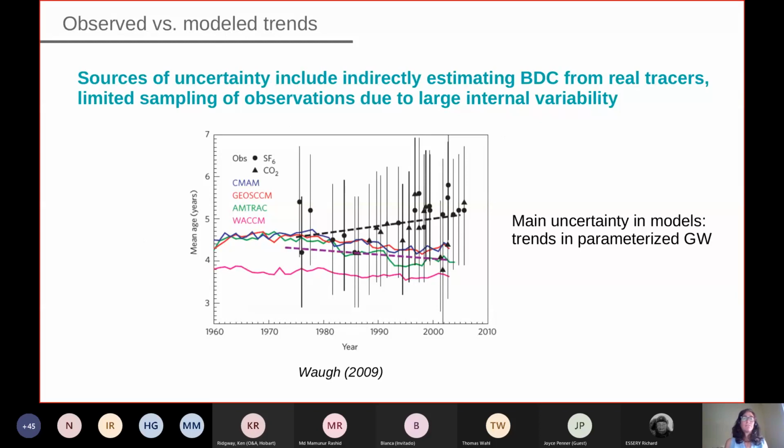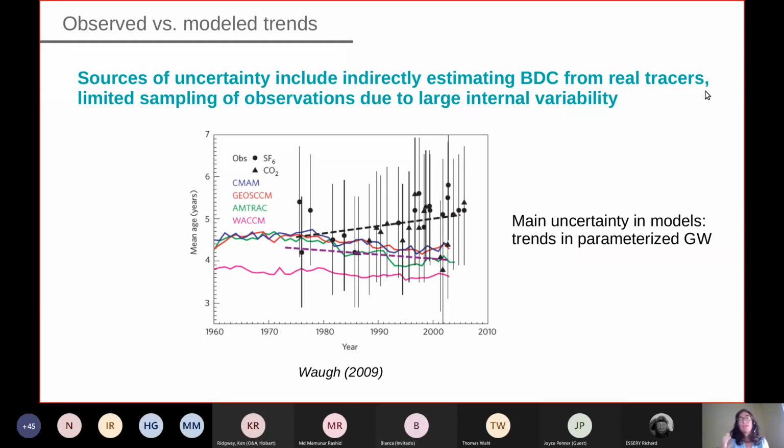And as you would think, there's a lot of work that's been done right now in the community to understand this discrepancy. And one important thing that we need to consider is that we cannot measure directly the Brewer-Dobson circulation strength. And so we have to estimate it indirectly from measurements of long-lived tracers.